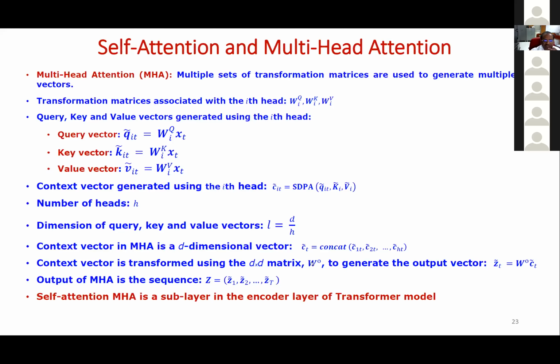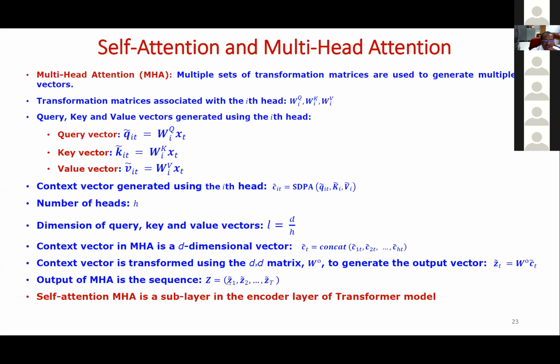That representation is then used to generate the output of this multi-head attention, which is called Z, where Z̃t is obtained by performing a transformation on this C̃t with the transformation matrix WO. So after we generate this C̃t, we multiply it with WO to get Z̃t.